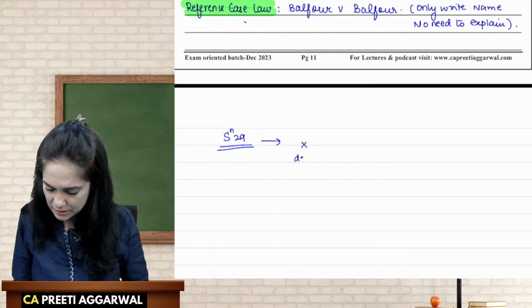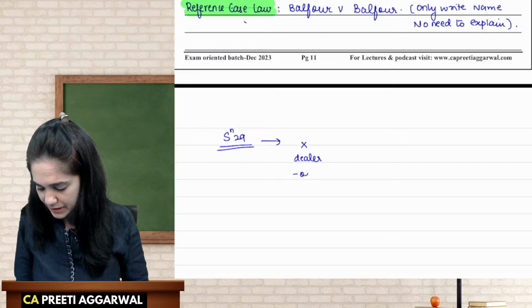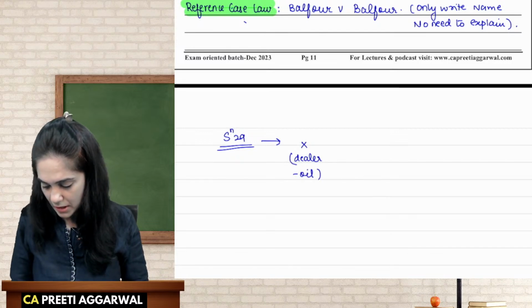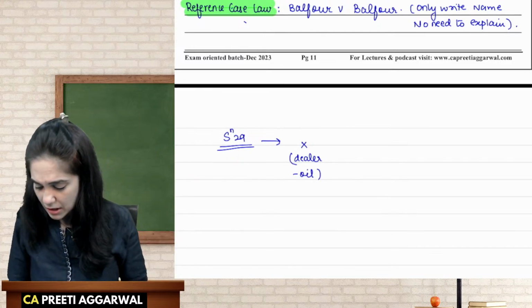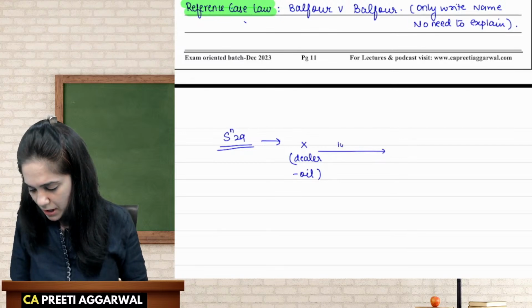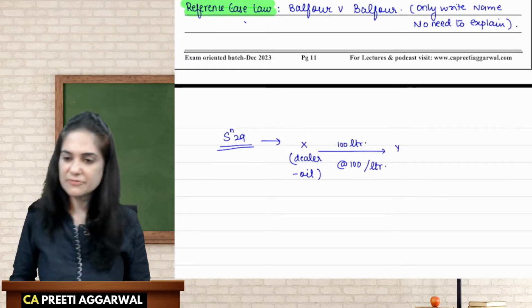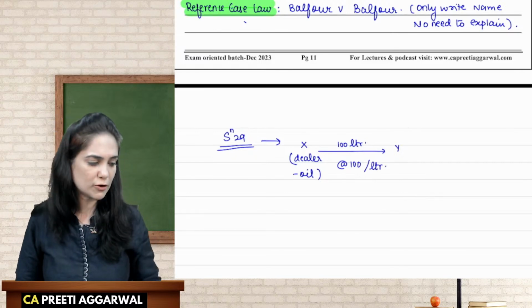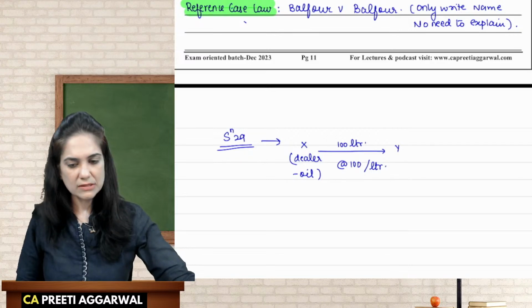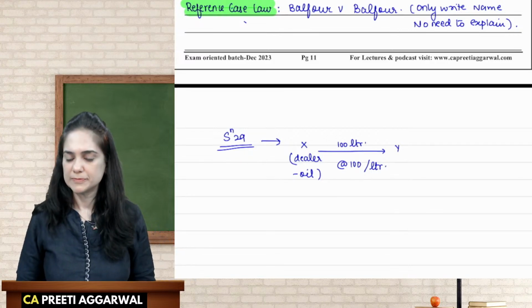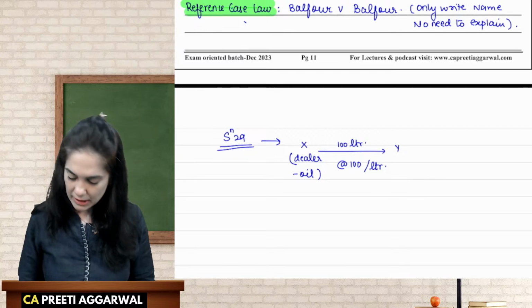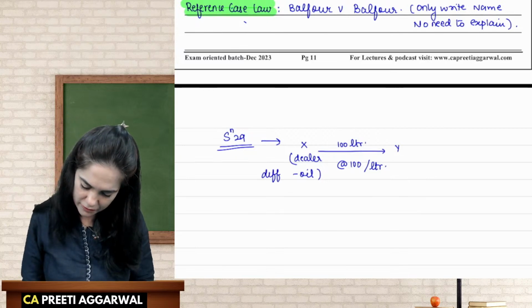X is a dealer in different kinds of oil. He offers to sell 100 liters of oil to Y at 100 rupees per liter. Is this a valid contract? Is this a valid offer? He's a dealer in different kinds of oil.